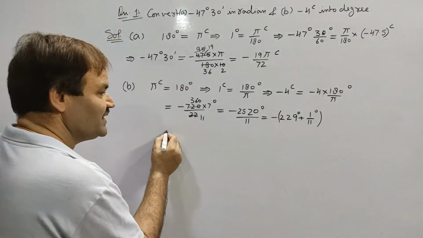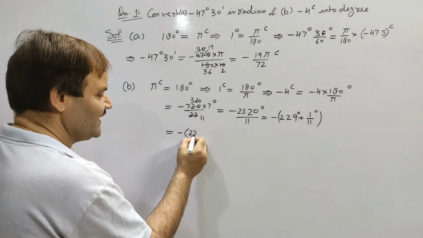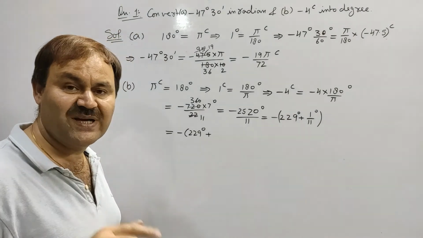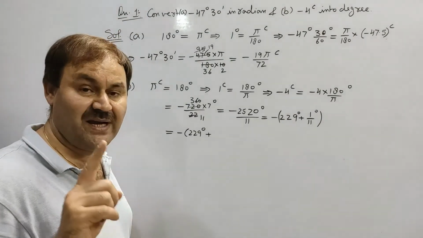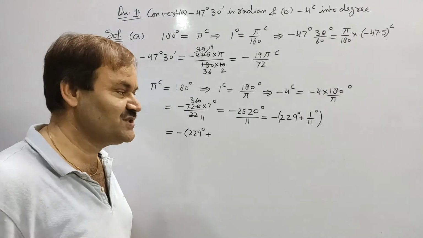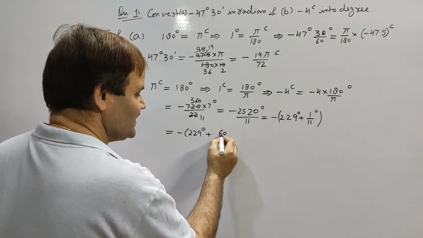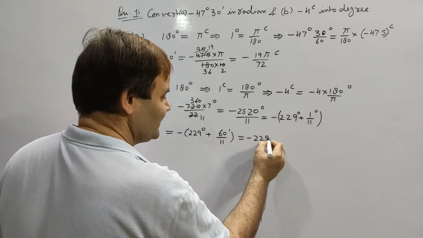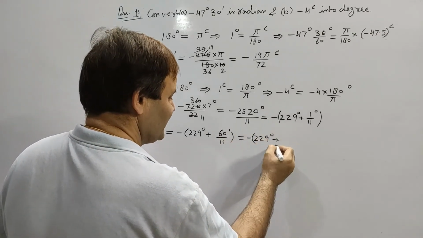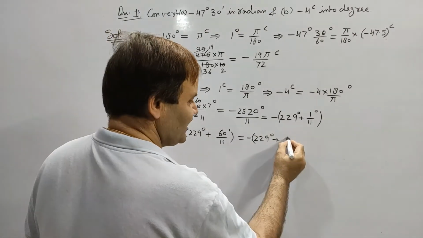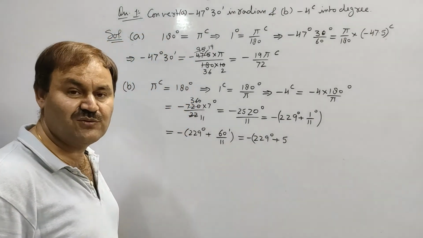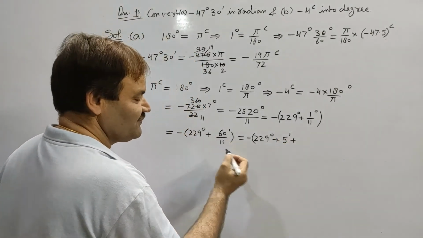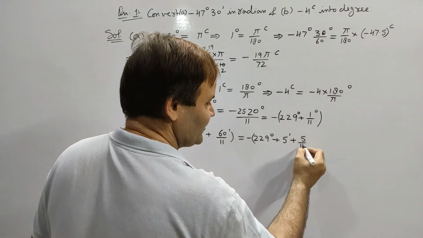So this will be minus 229 degree plus 1 by 11 degree, which should be converted into minute, and we know that 1 degree is 60 minute, so it will become 60 by 11 minute. This is equal to minus 229 degree plus, 11 fives are 55, so 5 complete minutes plus 5 by 11 minute.